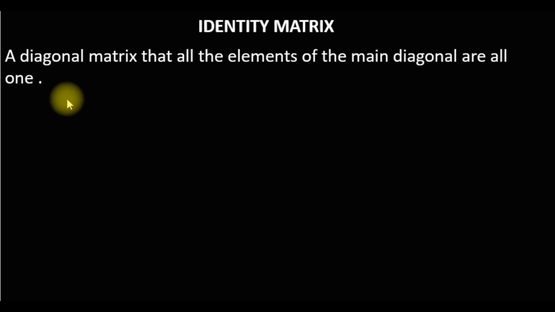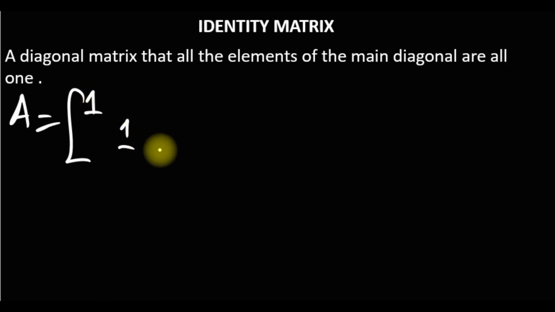The other one is called the identity matrix. An identity matrix is a diagonal matrix in which all the elements of the main diagonal are 1. It is a special type of diagonal matrix. Instead of being any arbitrary number, it must be 1 all through.